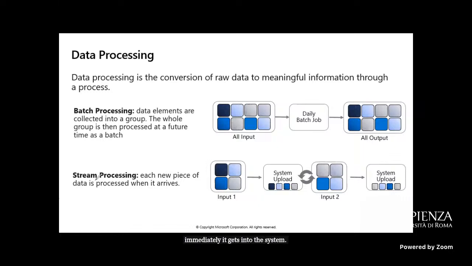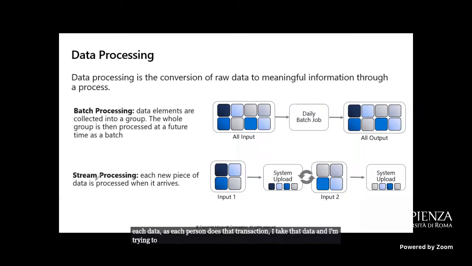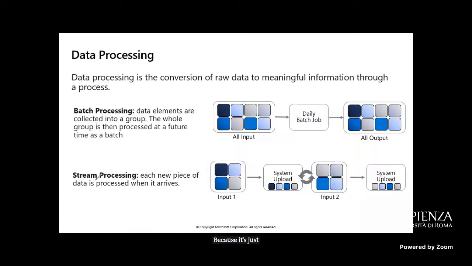Just for example, the ATM slots we are describing: if as each person does a transaction, I take that data and try to find information from it, I'm not going to get anything that makes sense because it's just one single line. You understand? It's just one long line of data that I'm getting.